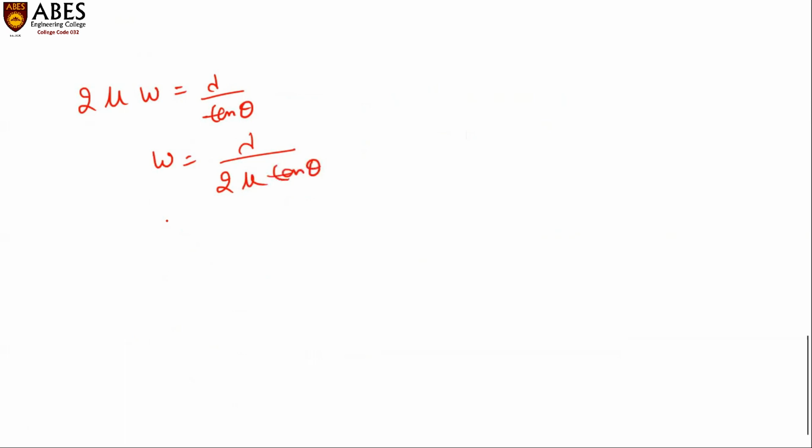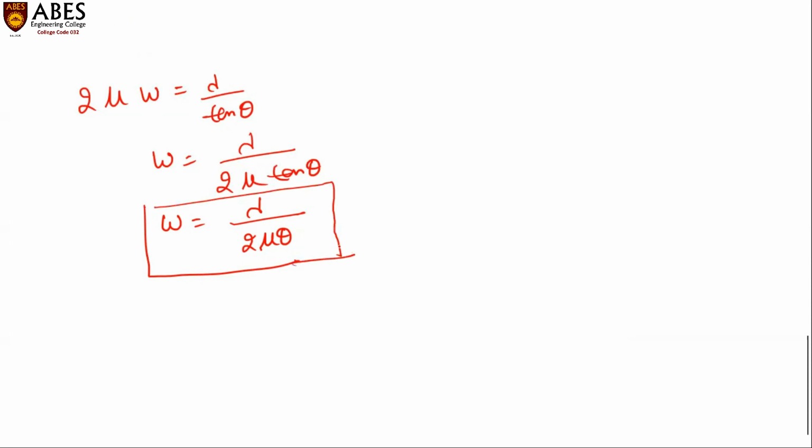For a small angle, we can write it as lambda upon 2 mu theta. This is the formula for the fringe width.